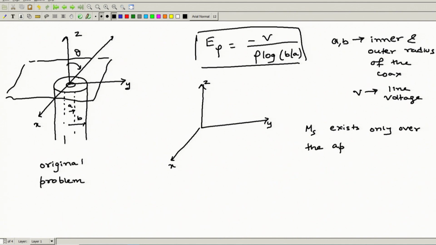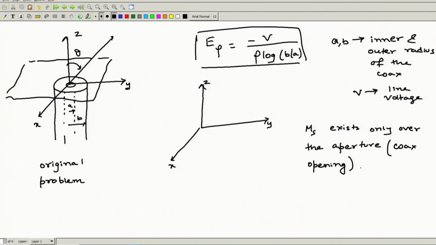Ms exists only over the aperture, that is the coax opening, since tangential E is 0 over the ground plane.